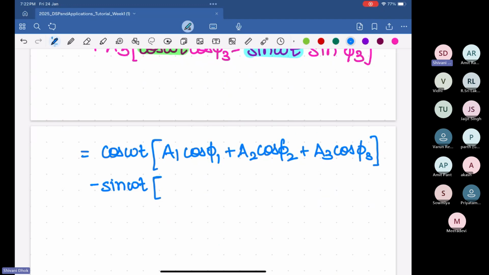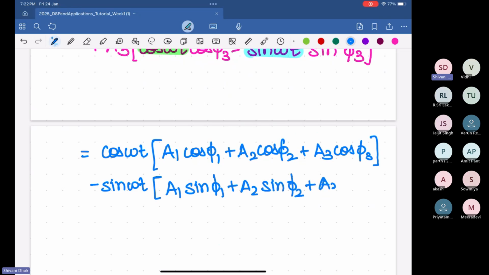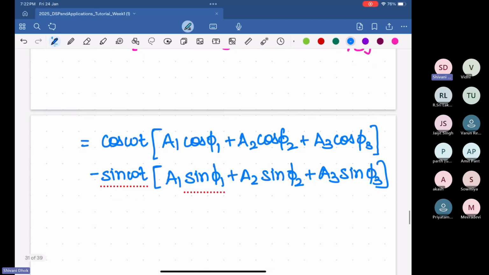minus sin of omega t multiplied by a1 sin phi 1 plus a2 sin phi 2 plus a3 sin phi 3. Okay.